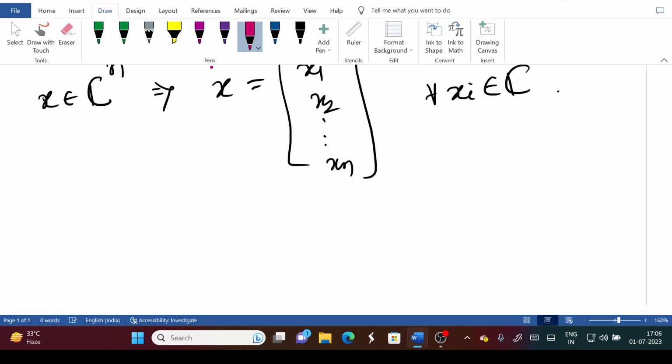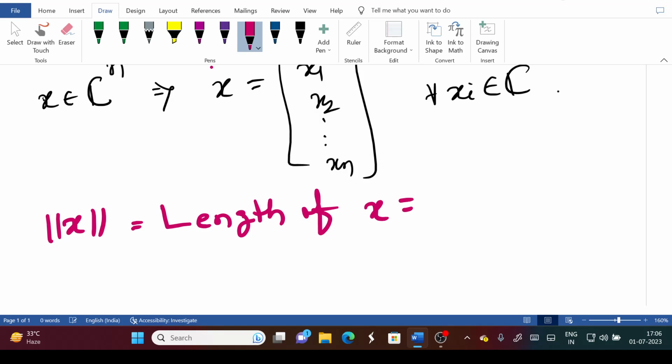In the case of a complex vector, what is the length of x? The length of x is the square root of the sum from i equal to 1 to n of mod xi square. Means each component's absolute value is squared and such values are summed up, then their square root is the length.